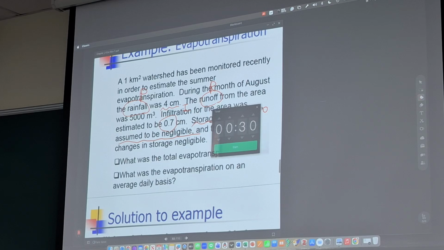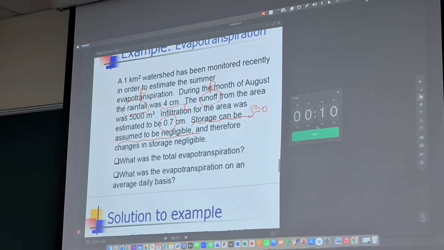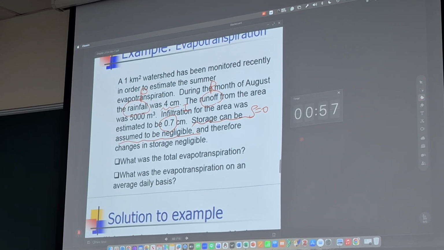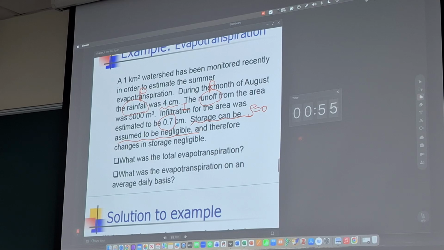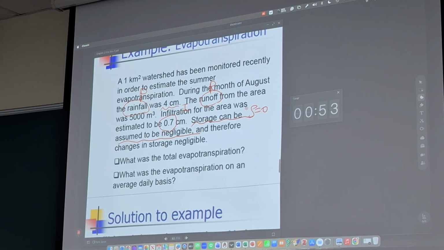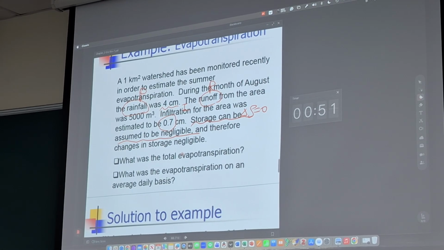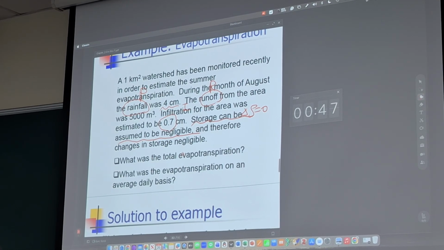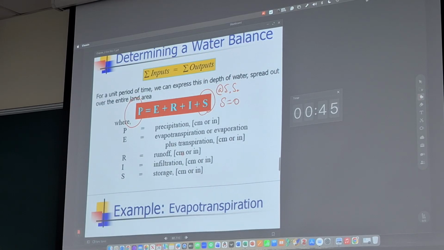Okay, 1 minute for this. Student, can you help me change this to delta S?